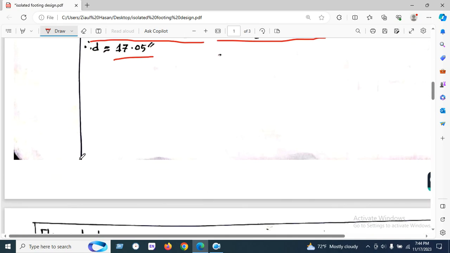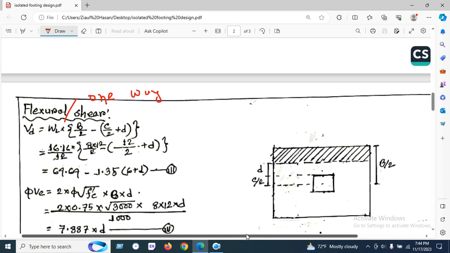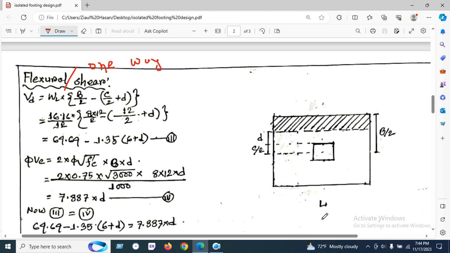Then we check the other one, flexural shear, or it can be called one-way shear. What you call it is your opinion or desire. At first we have to understand the phenomenon of the footing. Here is the footing, the length L is here and the length B is here.